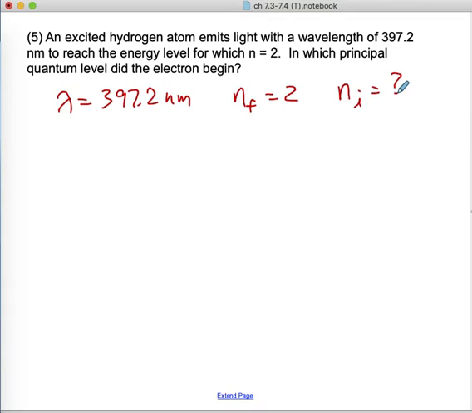I think a useful thing to do to begin with would be, since we know the wavelength emitted in this transition, we can calculate the energy change. So I will rearrange my equation.